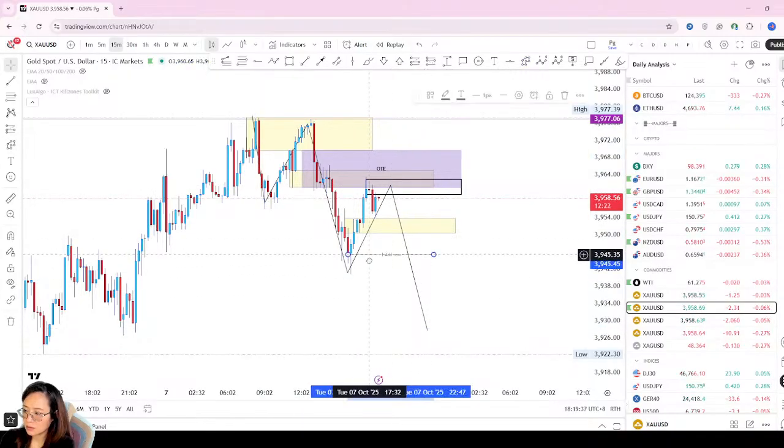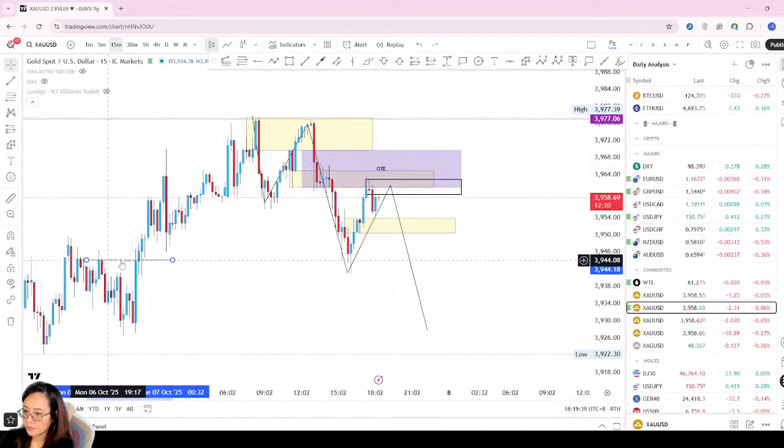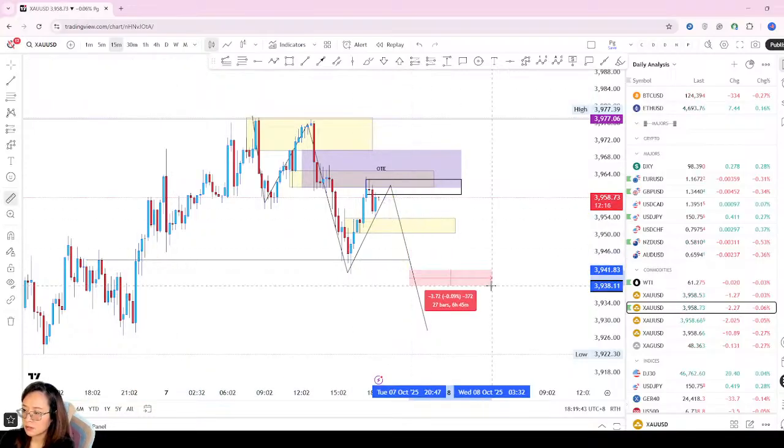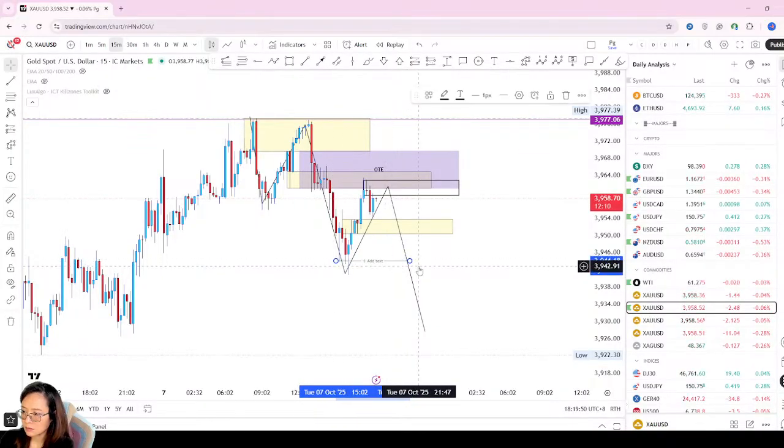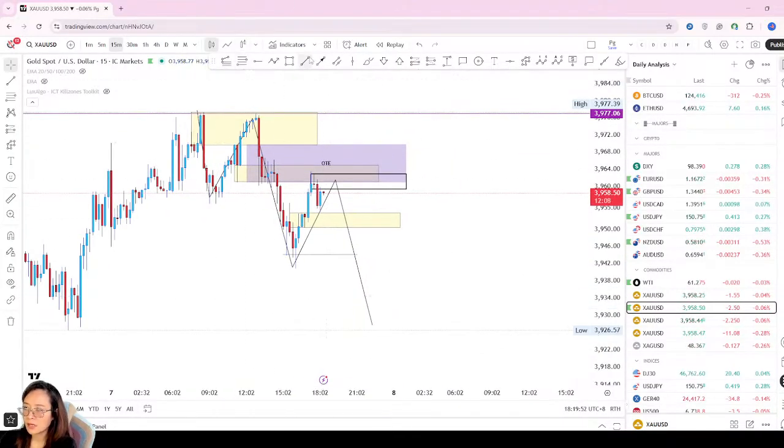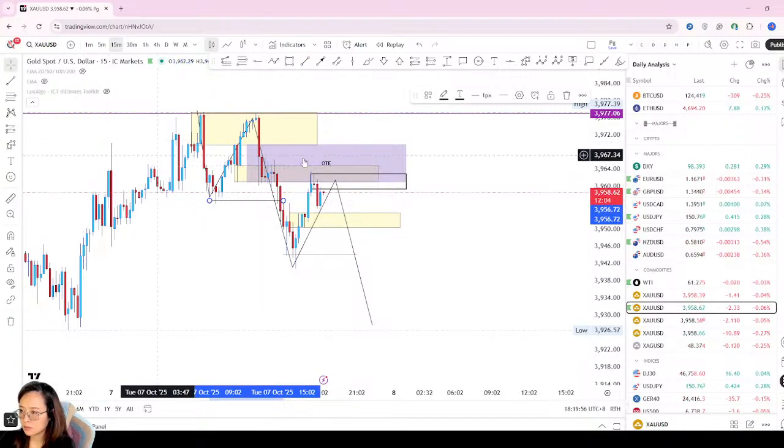If they can close the body below this level, this one is gonna be the break of structure in the M15. All right, based on this, I would say this is my change of character.